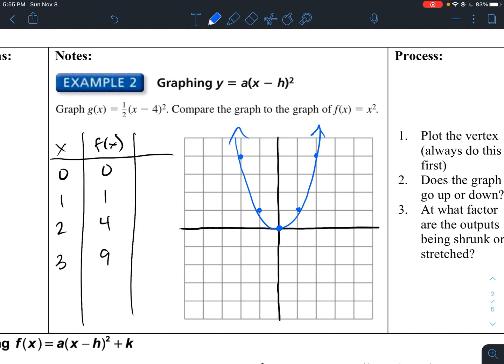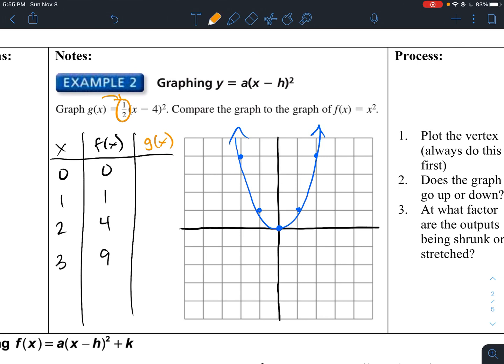Okay, so now we want to draw g of x. And g of x right here is 1/2 times x minus 4 squared. Just note that when you have a value outside right here, it's the same thing as whenever we did y is equal to ax squared. So this was either a stretch or a shrink. So in this case, a is equal to 1/2.